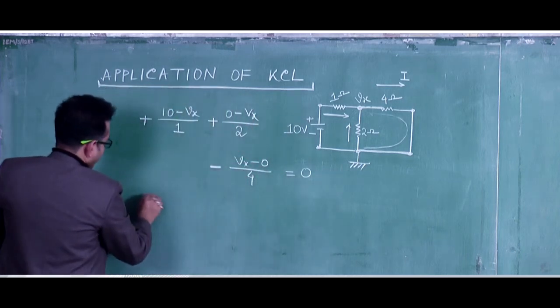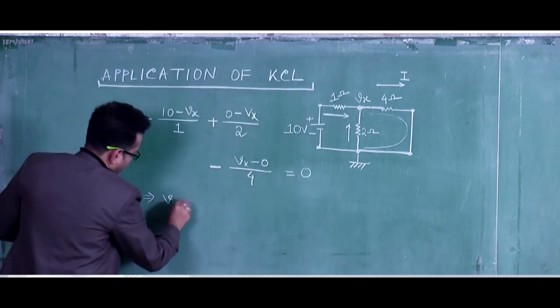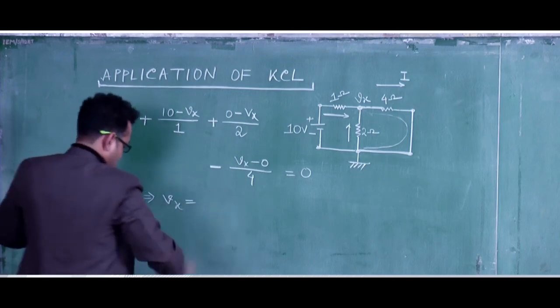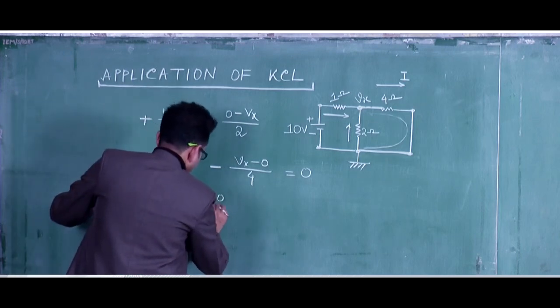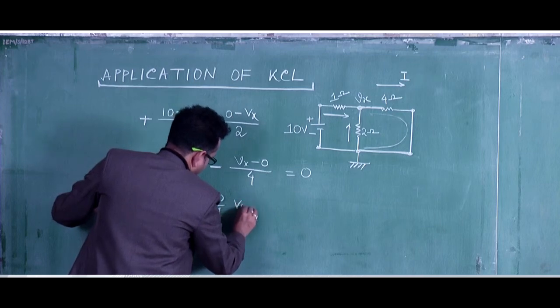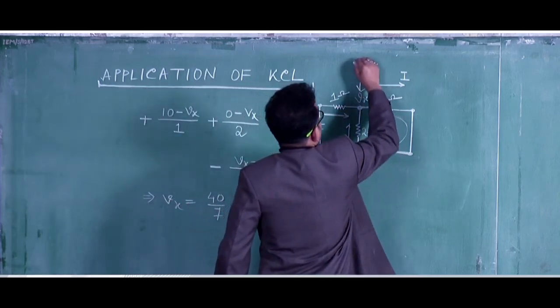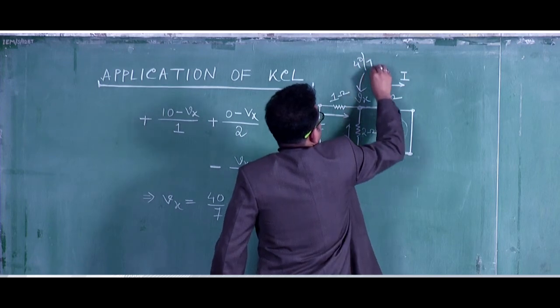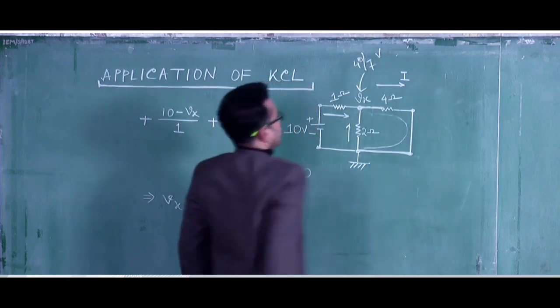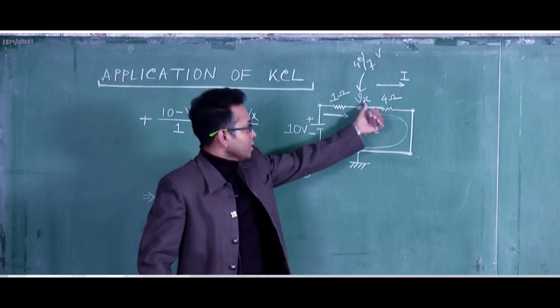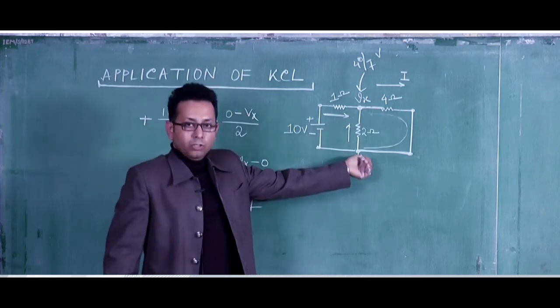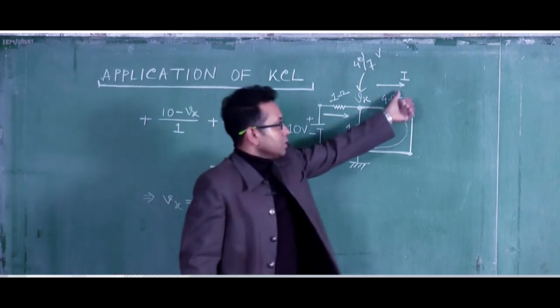From there, by solving, we can find out Vx equal to 40 by 7 volt. So now the voltage at this node equals 40 by 7 volt. Now you got the value for Vx, and you know the value for this node, which is 0. So what is the current now?